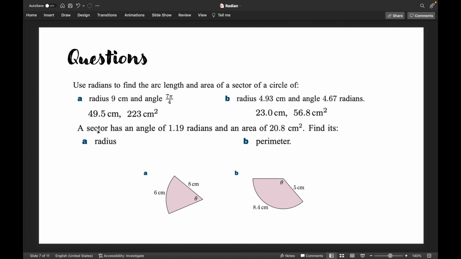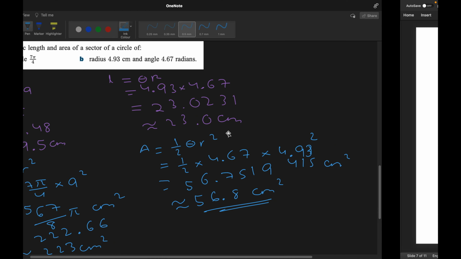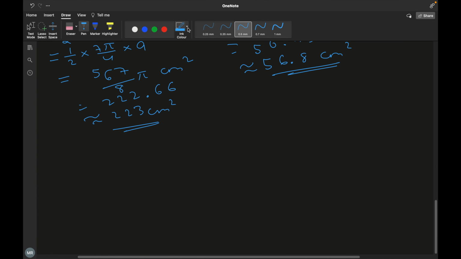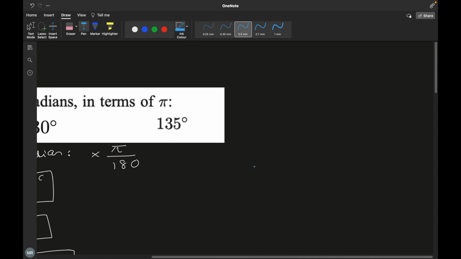So now let's move on to the next question. A sector has an angle of 1.19 radians and an area of 20.8 cm squared. So we have to find the radius. Okay, so let's write down all the information we have.